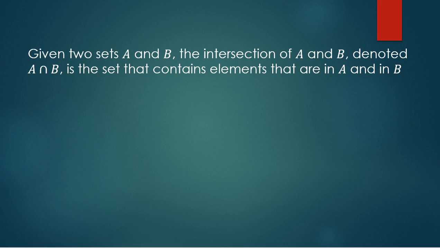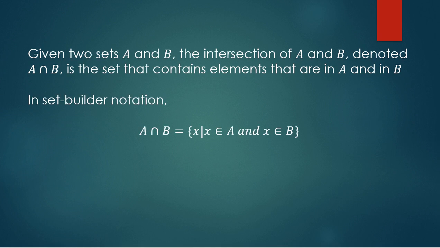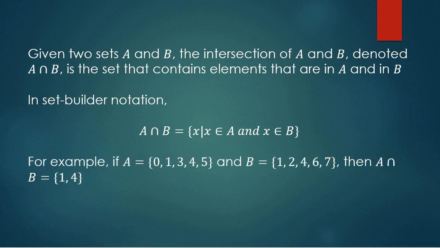So A cap B. This is the set that contains elements that are in A and in B. So in order for an element to be in the intersection of A and B, that element has to be in A and in B simultaneously. This is what the set looks like in set builder notation. Set of all x such that x is in A and x is in B.